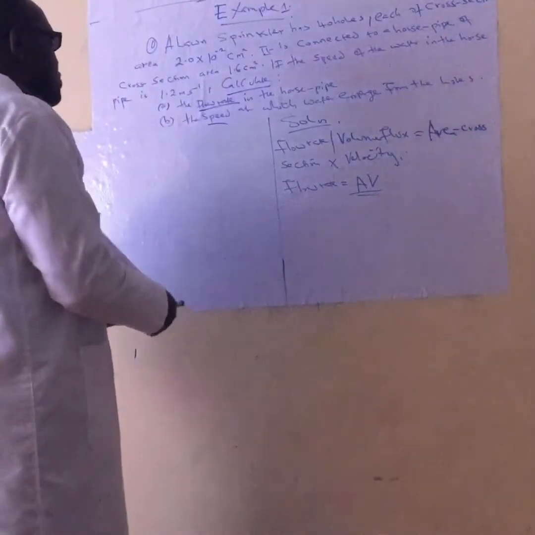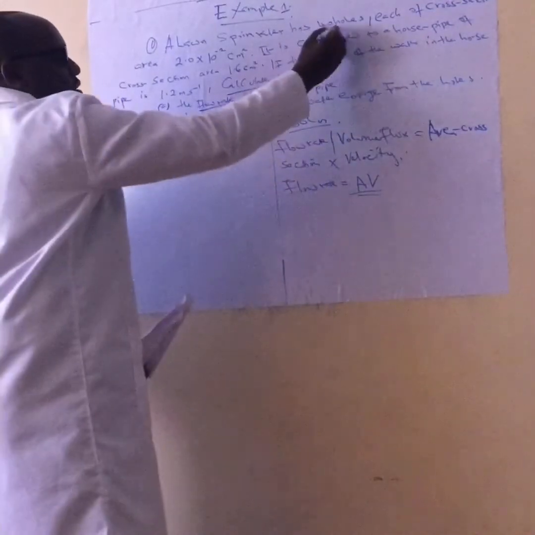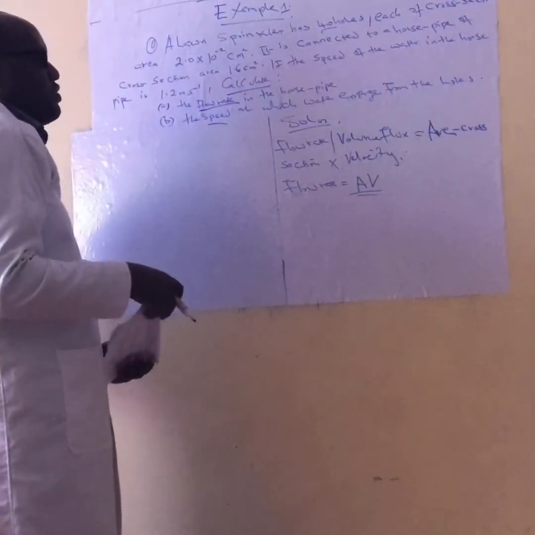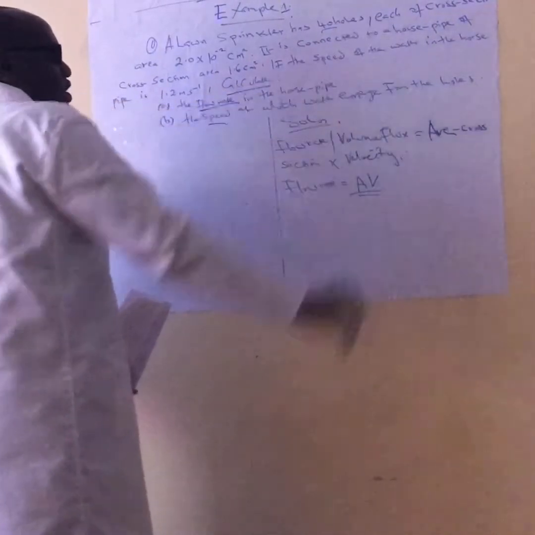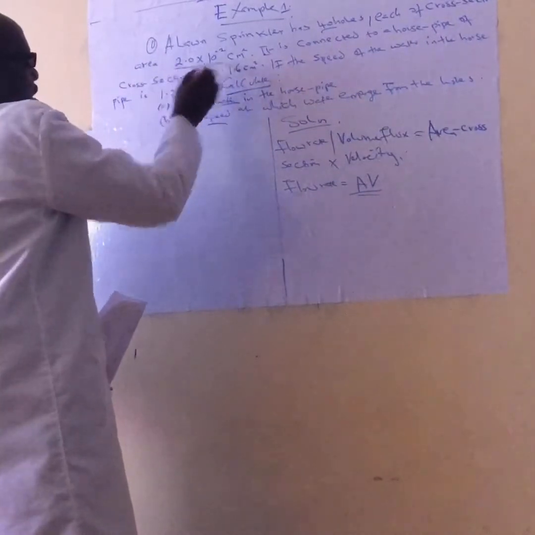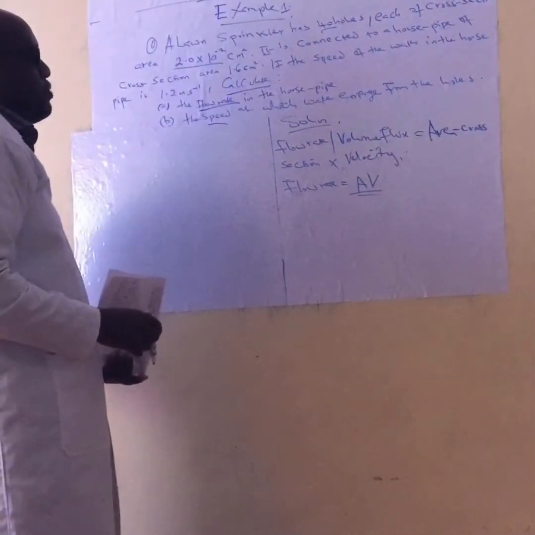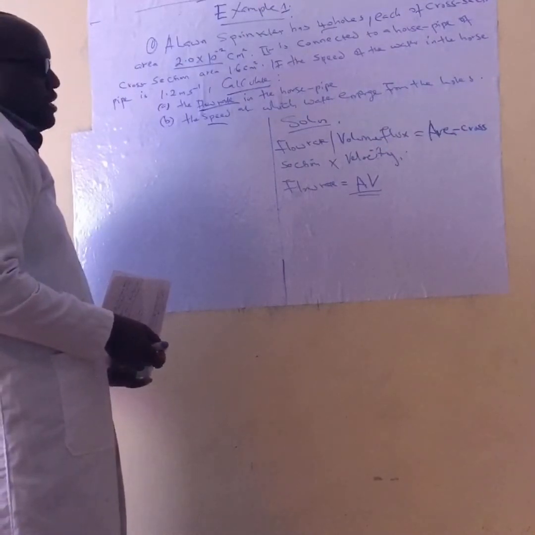Example 1, we are told a lawn sprinkler has 40 holes. Each hole has a cross-sectional area of 2.0 times 10 power negative 2 centimeters square.